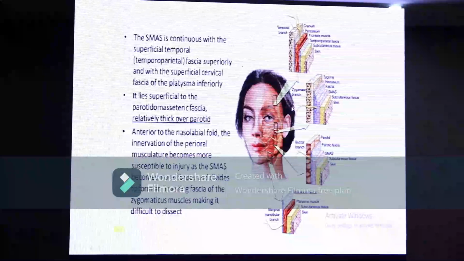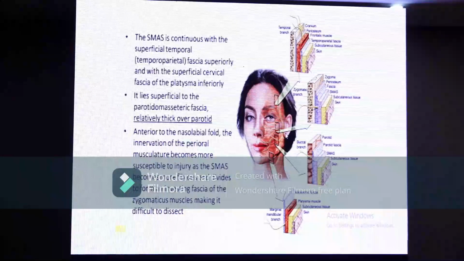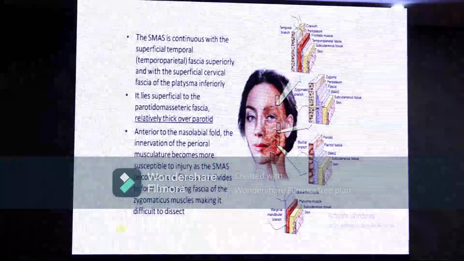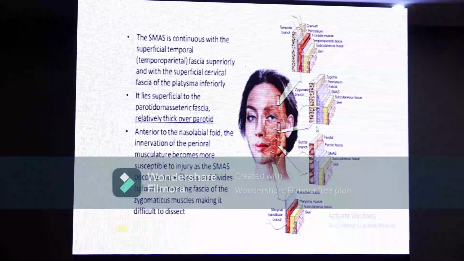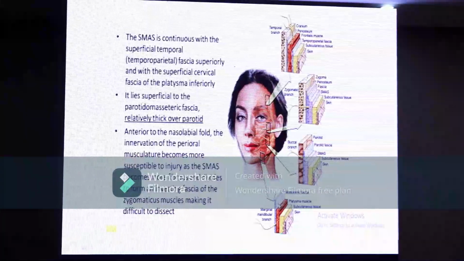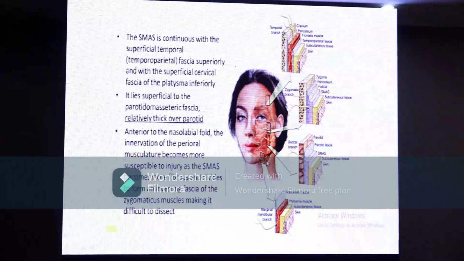In the zygomatic and cheek area, we have already seen this figure, but once again to show the SMAS, I have taken this. So in the zygomatic area, the SMAS is prominent. Again in the cheek area, it is prominent, and it again disappears in the neck area.